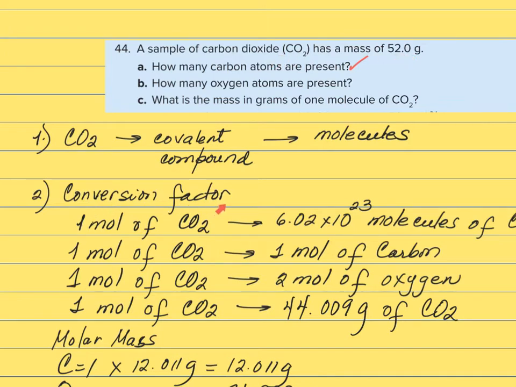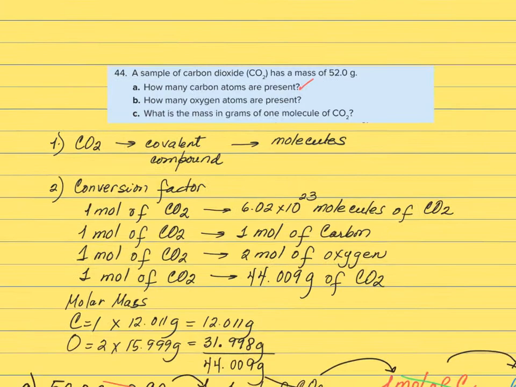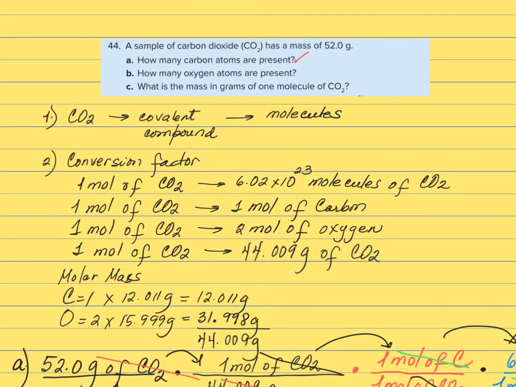Conversion factors that you know: in 1 mole of carbon dioxide, you have Avogadro's number of molecules of carbon dioxide. See? You know that. In 1 mole of carbon dioxide, that's the formula, you have 1 mole of carbon. In 1 mole of carbon dioxide, you have 2 moles of oxygen.